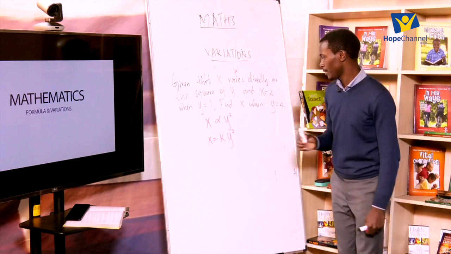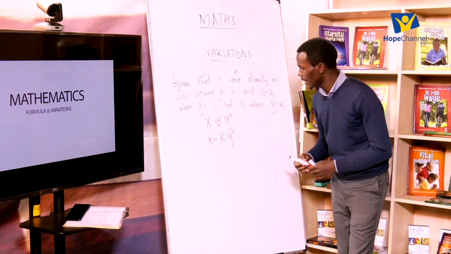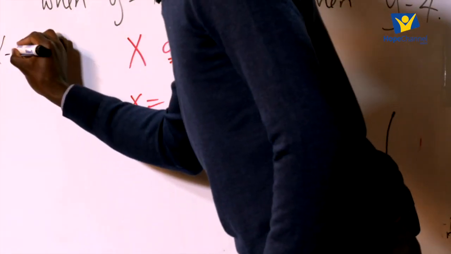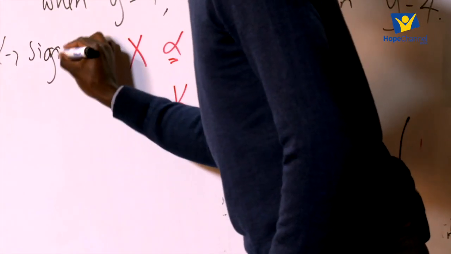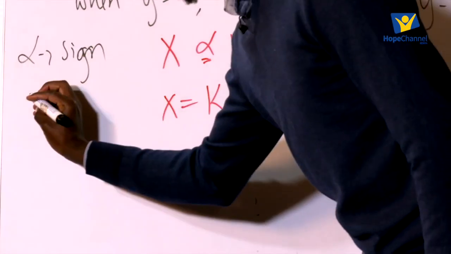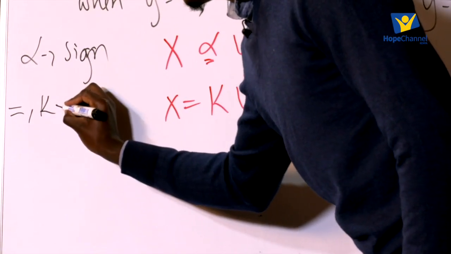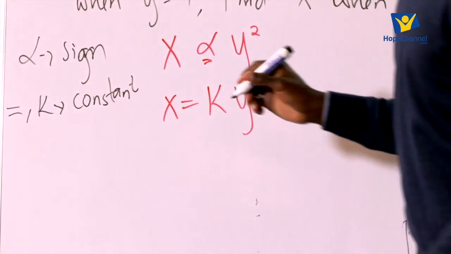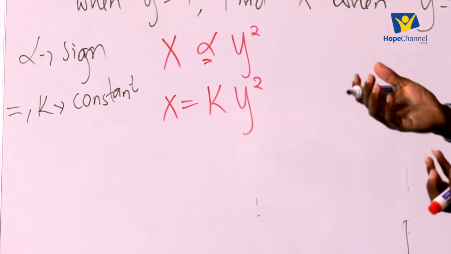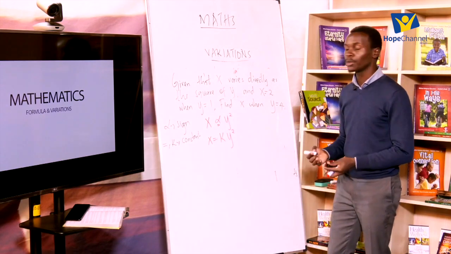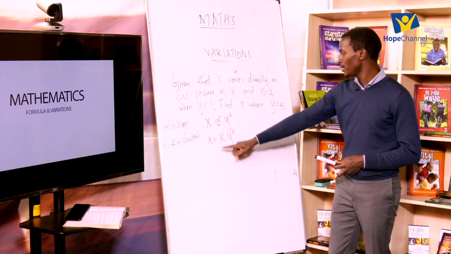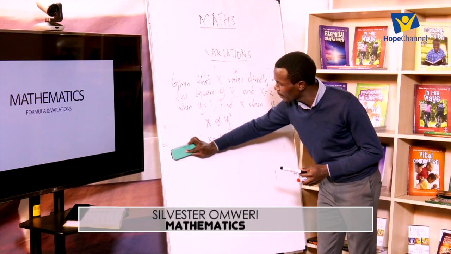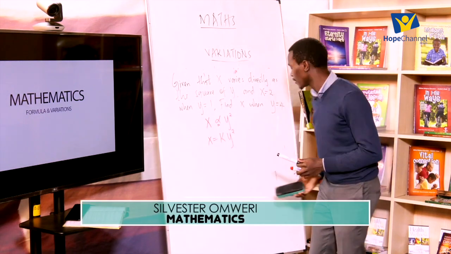Just to remind you, that sign is the sign of proportionality. It is done away with and replaced with an equal sign and a k, which is a constant, so that you are able to work it out mathematically using figures, because that sign does not have a value. Using this, we substitute the first statement so that we can find the constant of proportionality.